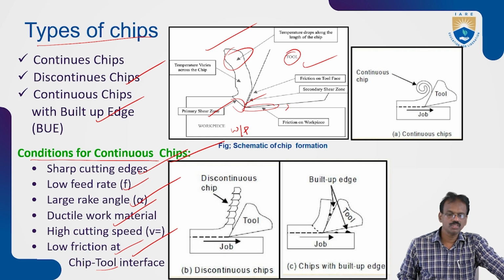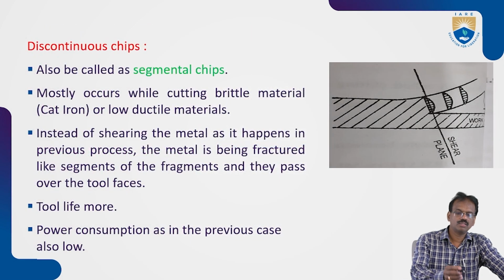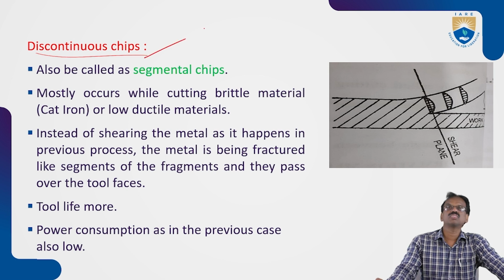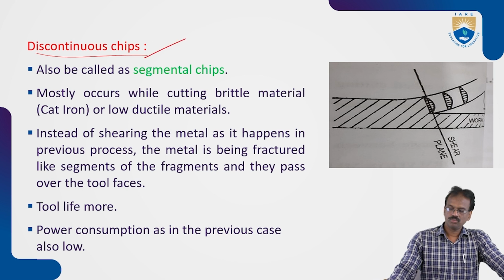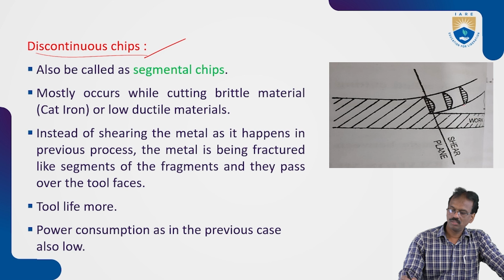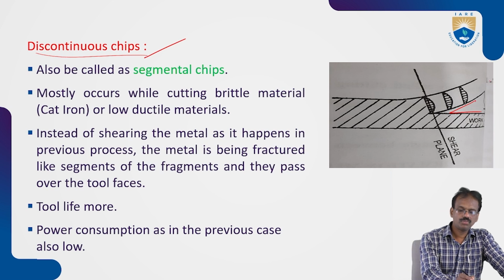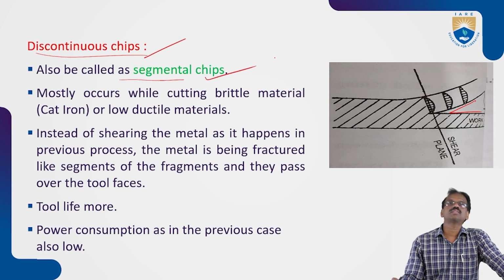First of all, we'll see the discontinuous chips. Due to this tool bit, the material will be removed in the form of segmental chips like this one. This is also called segmental chips.